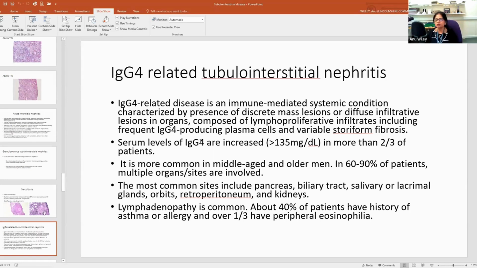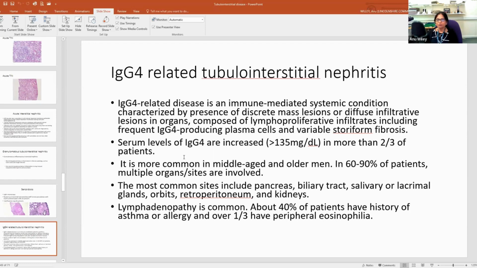It presents with multiple discrete tumor-like lesions, which can infiltrate numerous organs. They are generally composed of lymphoproliferative infiltrates with large numbers of IgG4-producing plasma cells, and a very typical form of fibrosis called storiform fibrosis.